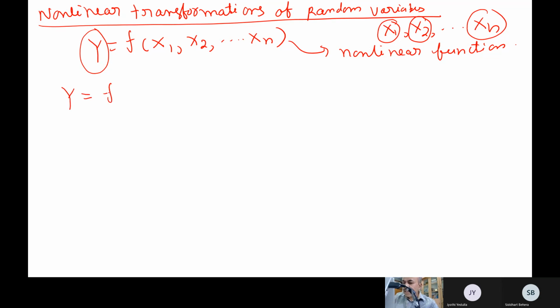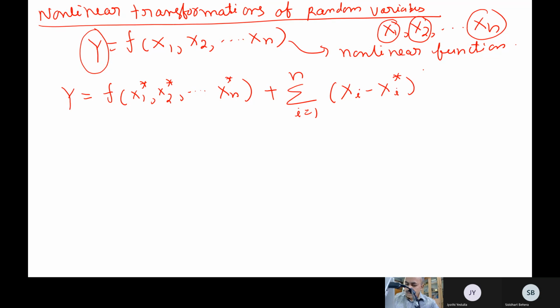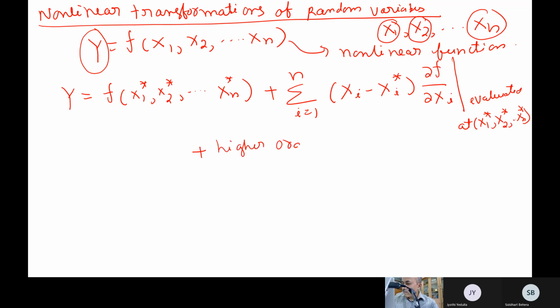Now, what is this expansion known as? Any nonlinear function you can expand in terms of it.